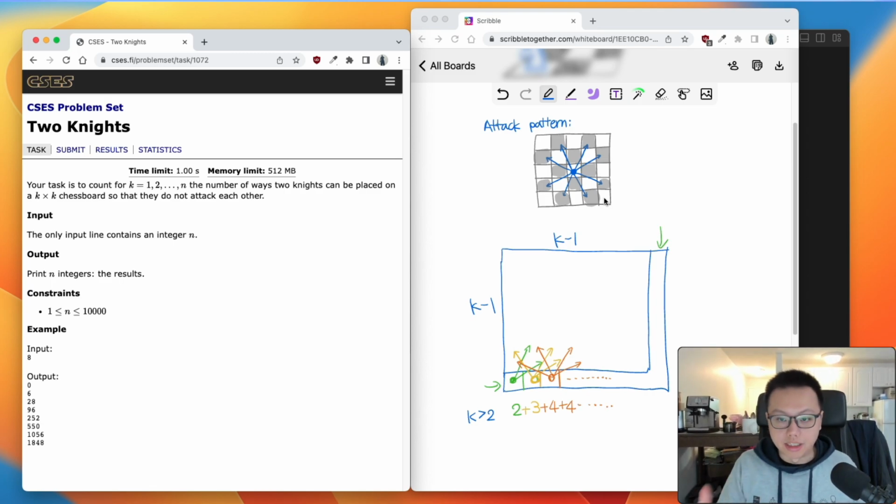This gives us some idea on how to count the new ways to put knights, so we should be able to formalize it and code it up.